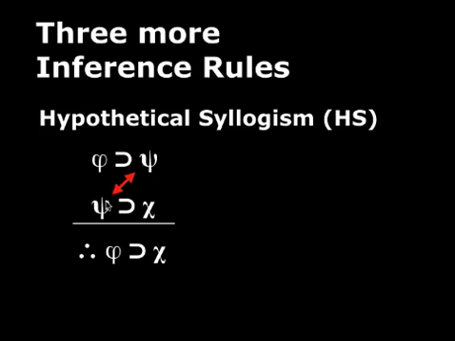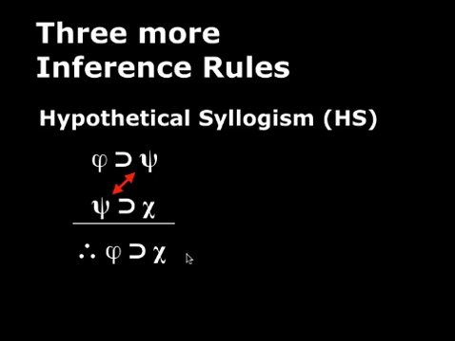Then you can infer a new conditional that has the antecedent of the first, phi, and the consequent of the last, chi. Another way to think about this is as a chain. If phi then psi, if psi then chi, almost like you're going from here to here and then that leads to that. So you're sort of cutting out the middleman. You're saying, okay, well this will lead to that then. There's an intermediate step, but you're cutting that out in the representation here.